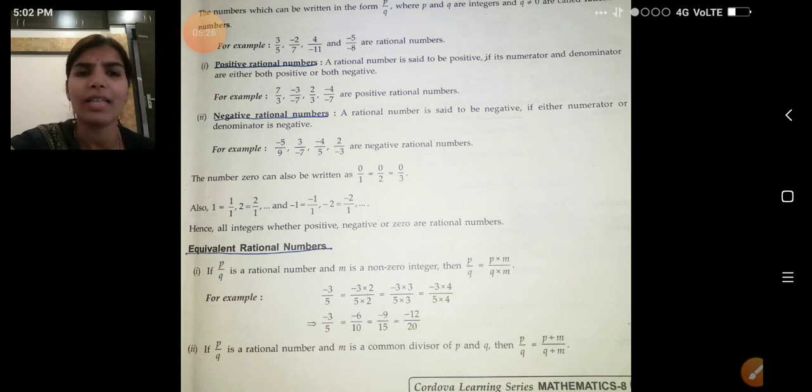We take one example: minus 3 upon 5 is equal to minus 3 into 2 upon 5 into 2. So your answer is minus 6 upon 10. Then next you multiply it by 3. But you know that you must multiply by the same number only. If you multiply the numerator by 2, then also multiply the denominator by 2. Same numbers.